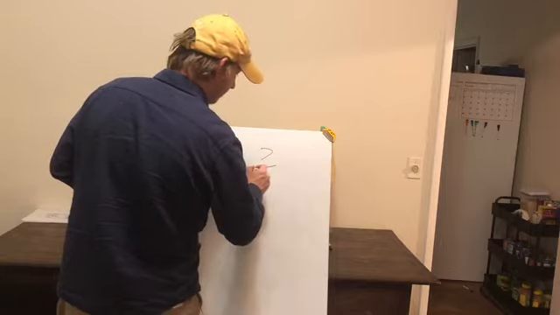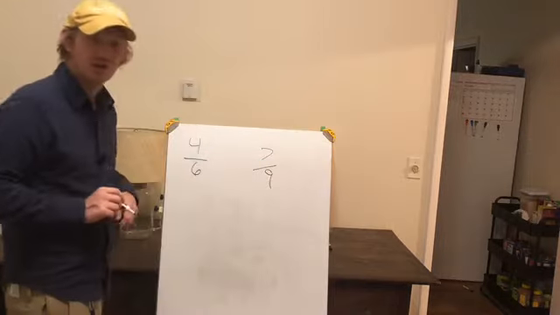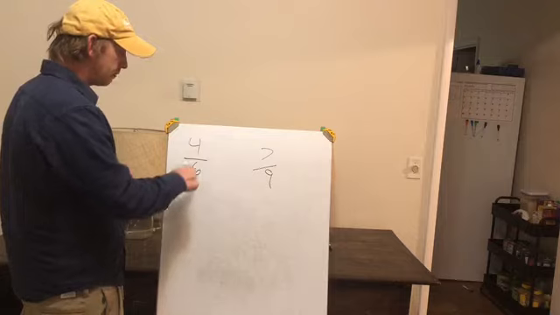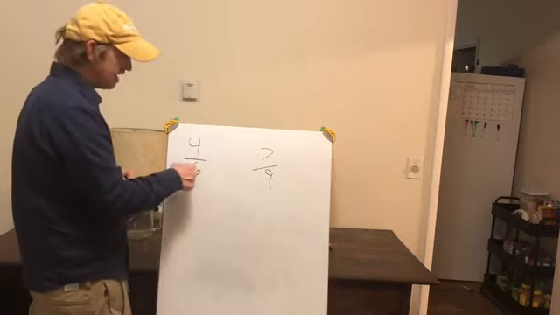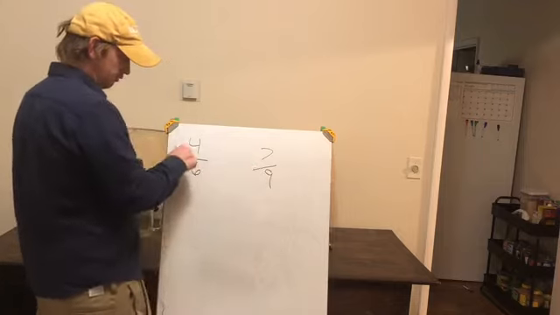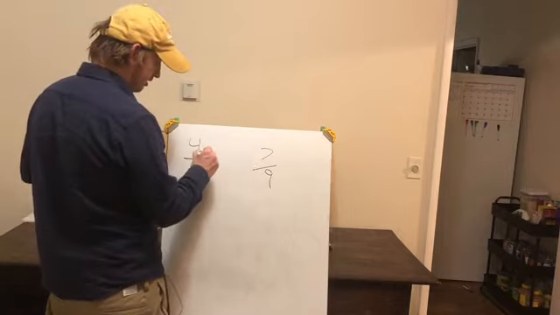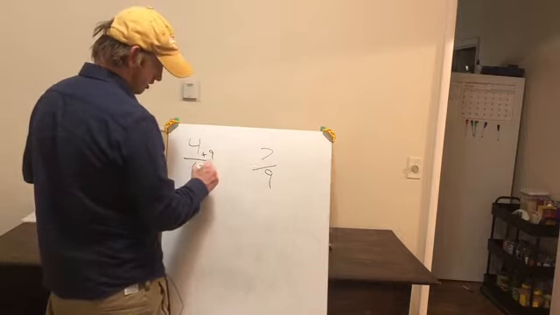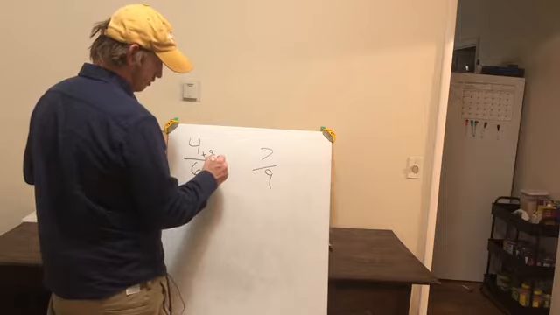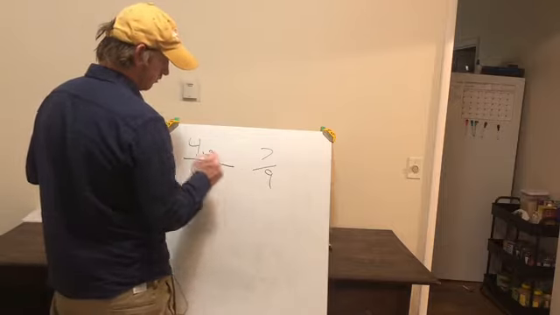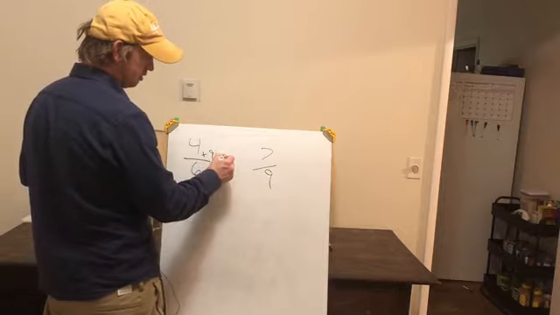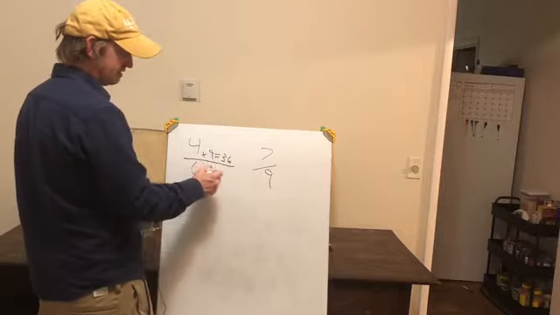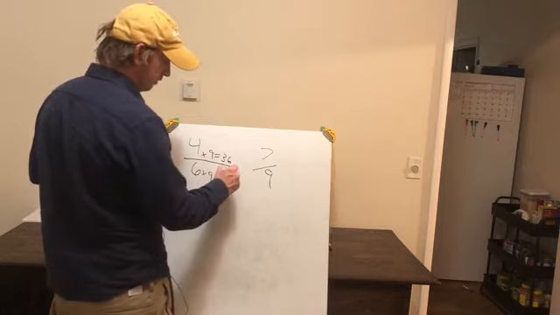And 7/9. So just like last time, I'm going to multiply each side by the opposite denominator. So 4/6 would get times 9, times 9. 4 times 9 is 36, and 6 times 9 is 54.